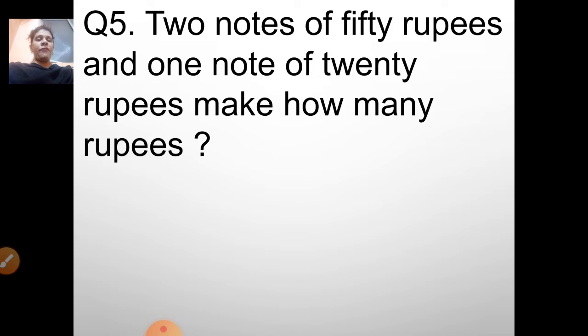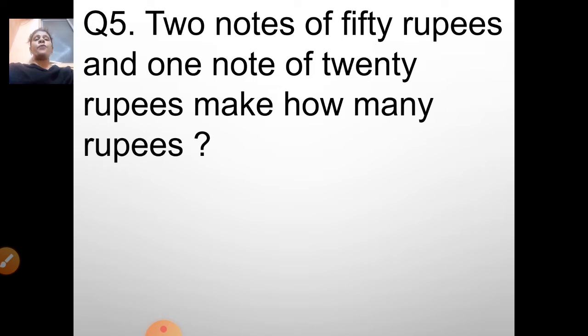Now question number 5. 2 notes of 50 rupees and 1 note of 20 rupees make how many rupees? Count and tell me, children.